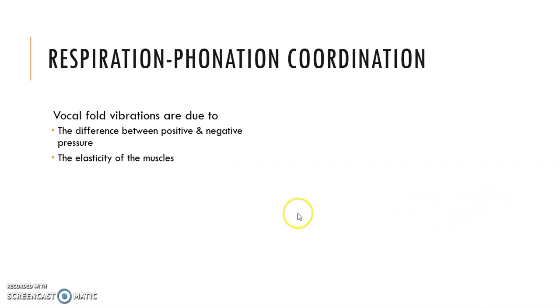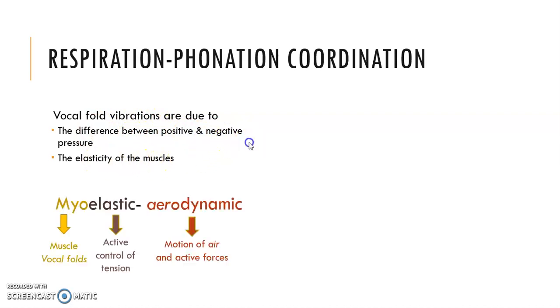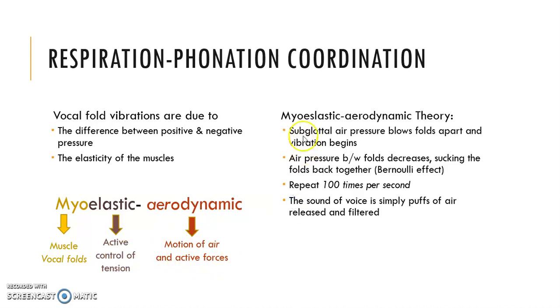So for respiration phonation coordination, we have vocal fold vibrations due to a difference between the positive and negative air pressure change and the elasticity of the muscles. And there's a theory that goes along with that called the myoelastic aerodynamic theory. And that just means that the muscle, the vocal folds, have an active control of tension, and it's impacted by the motion of air and the active forces.